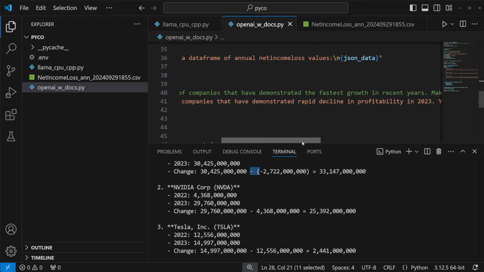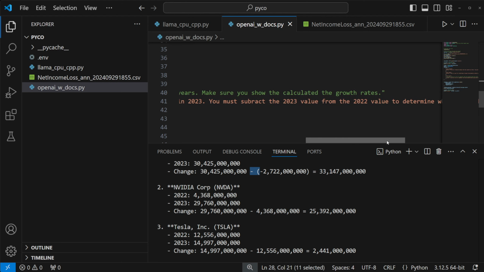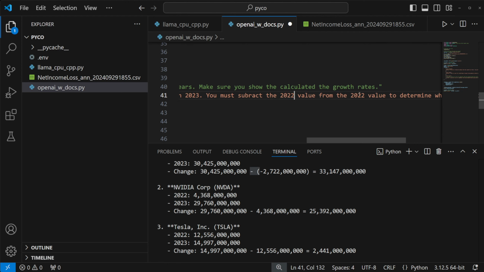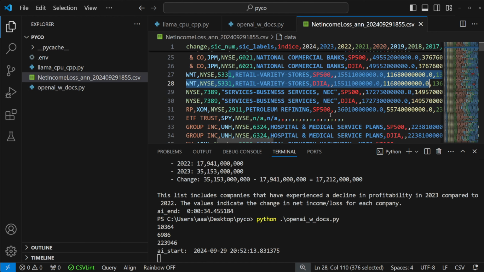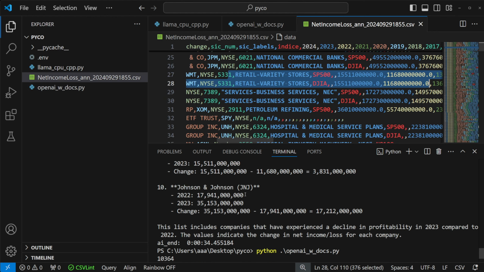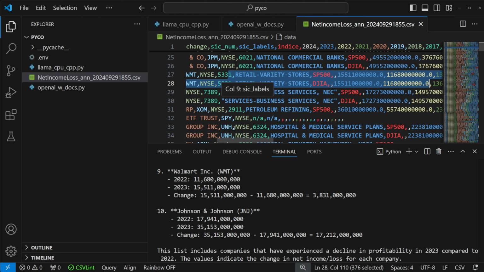Maybe my instructions were not correct. Subtract the 2022 value from the 2023 value. Let's just see how it interprets this. And we'll have to give it another 30 seconds, so let's go and see what else we can find.